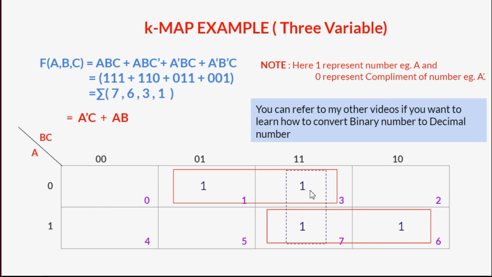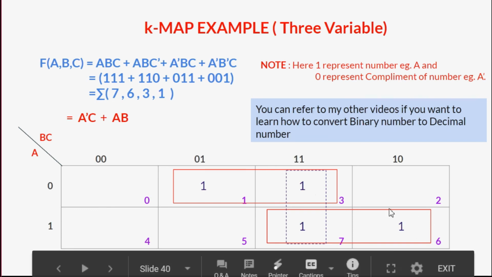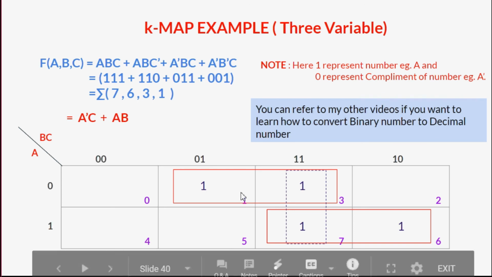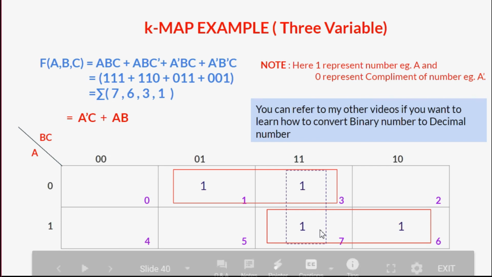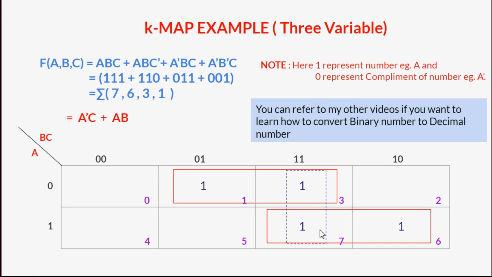Suppose if this 6 is not present in my equation, then I could have combined my cells like this. I could have combined 1, 3 and 3, 7. But now this 3 has already been covered, this 7 has already been covered. So I am not going to take this block again. We can do this, that is why I have shown the dotted line. Yes, we can do this, but we are not going to take this.